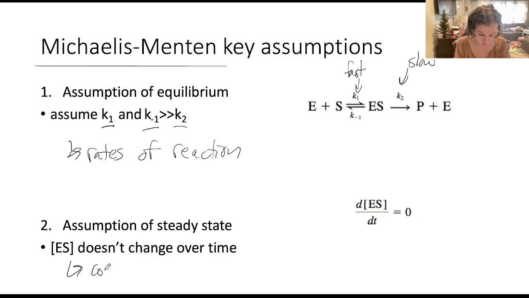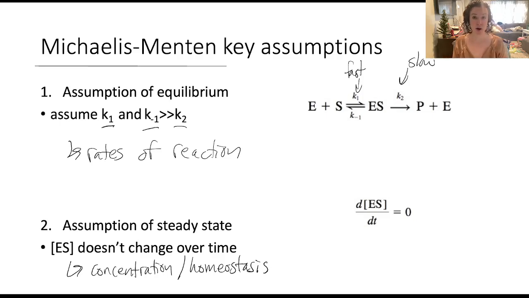So steady state is more an idea of concentration. Homeostasis is probably fairly comfortable for most of us to think about. And so also assuming steady state, that means the concentration of the enzyme substrate complex is not changing over time. And the mathematical representation of that is on the slide as well.